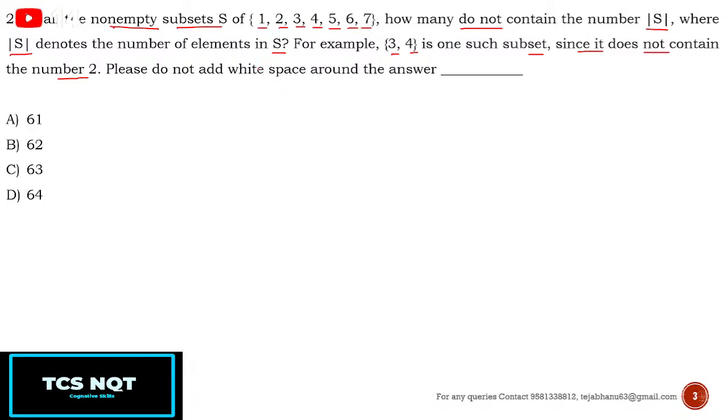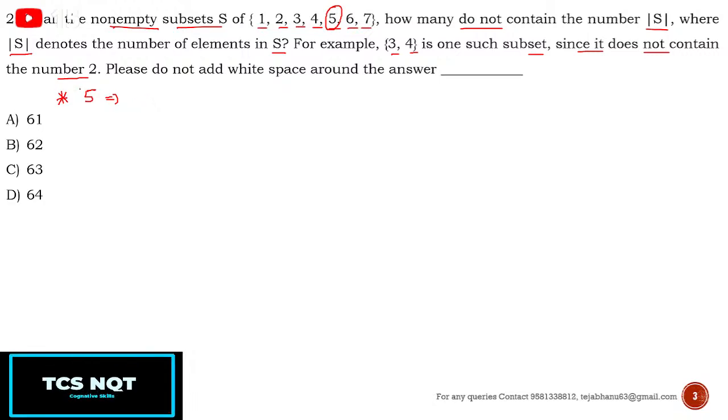What is the meaning of this question? Have a look. For example, if I consider the number 5 from this set, we have to consider subsets of 5 numbers, but the number 5 should not be present in it.